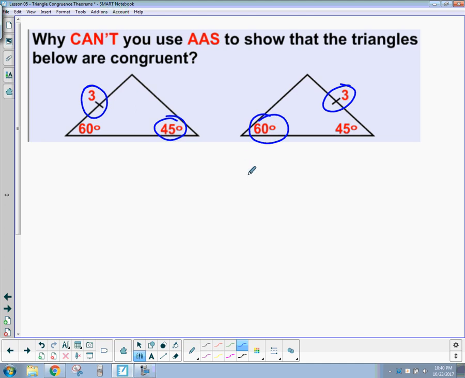Which means these vacant sides, the ones with question marks, could change, or really they are different, based on the fact that this 60 has the opposite side 3, and this 45 has that 3. We can explore this more later when I'm back in class, but just know that you've got to make sure these things match. That 3 needs to be over here before we can say angle, angle, side.